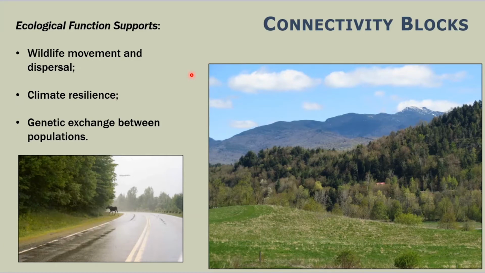Having a connected landscape is also going to be really important in building climate resilience into our network of habitat here in Vermont. And of course, by providing wildlife with the ability to move to different areas, it will allow for more genetic exchange.